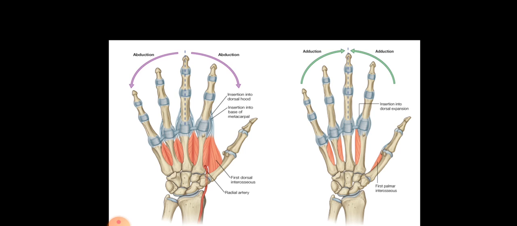The dorsal interossei also produce abduction of the finger, while the palmar interossei produce adduction of the finger. Abduction is when you separate the fingers from each other. Adduction is when you move the fingers toward each other.